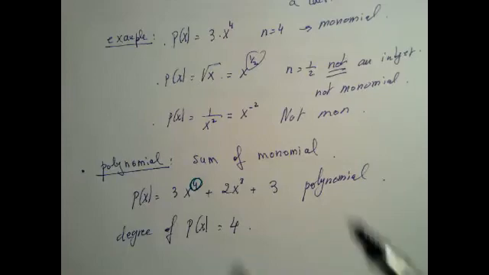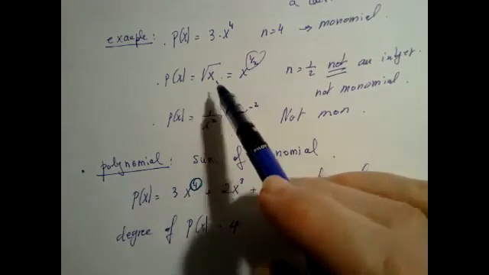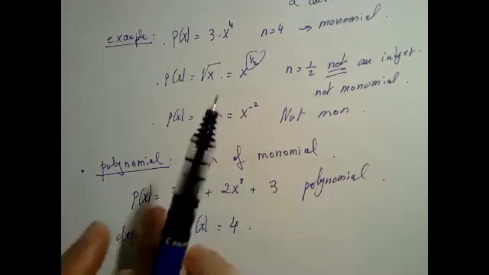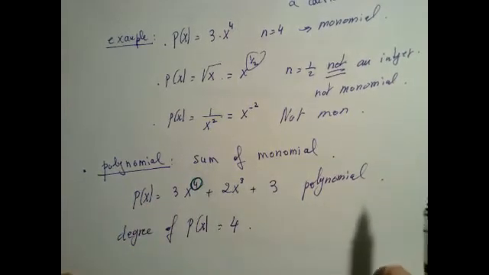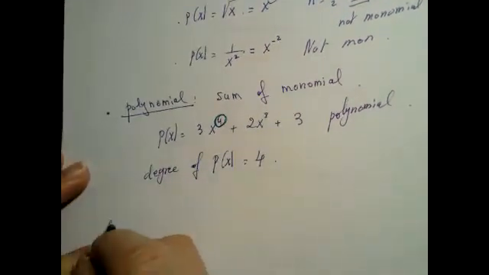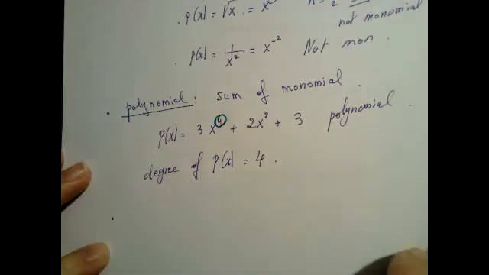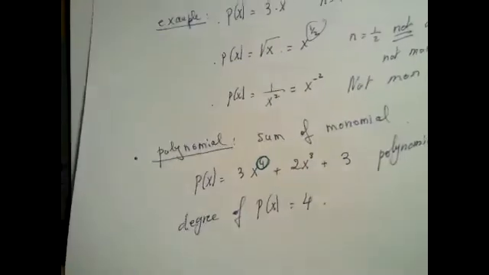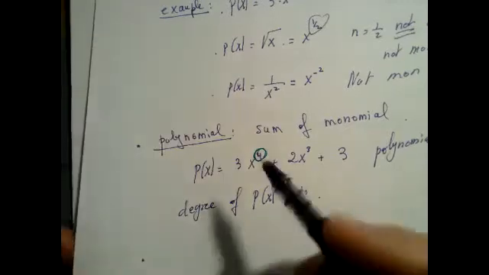So square root of x is not a polynomial. 1 over x squared is not a polynomial. That's really your typical polynomial. Finally, rational function. What's a rational function? A rational function is a function which is the ratio of two polynomials.